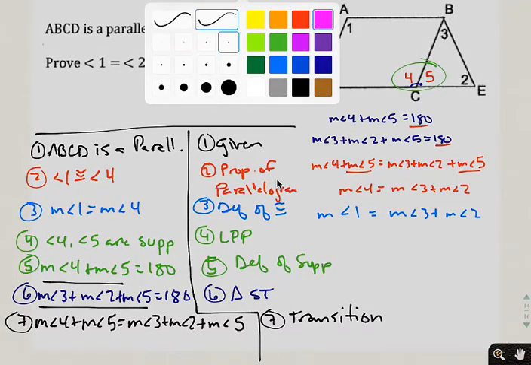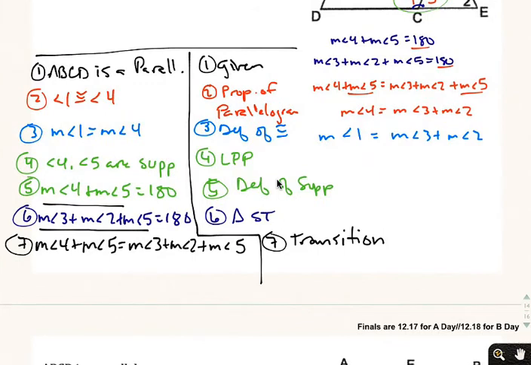So we're getting really close now. All we have to do is subtract off the uncommon piece. So in step 8, I can definitely claim that the measure of angle 4 is equal to the measure of angle 3 plus the measure of angle 2. And that's just because I'm solving.